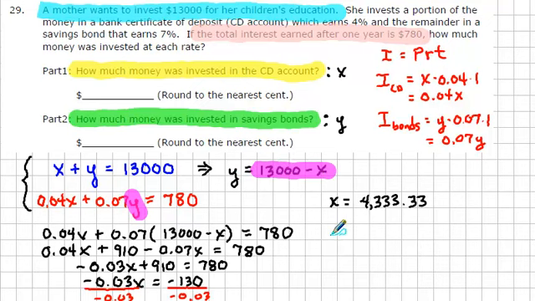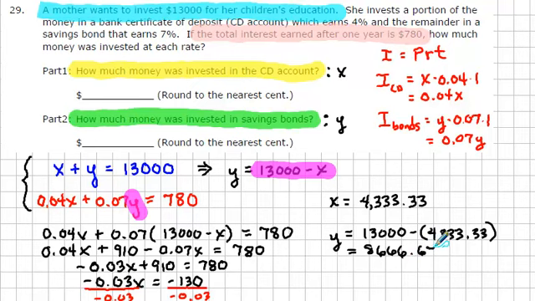So to get our y, we have y is equal to 13,000 minus x, but our x value is 4,333.33, and 13,000 minus 4,333.33 is equal to 8,666.67.